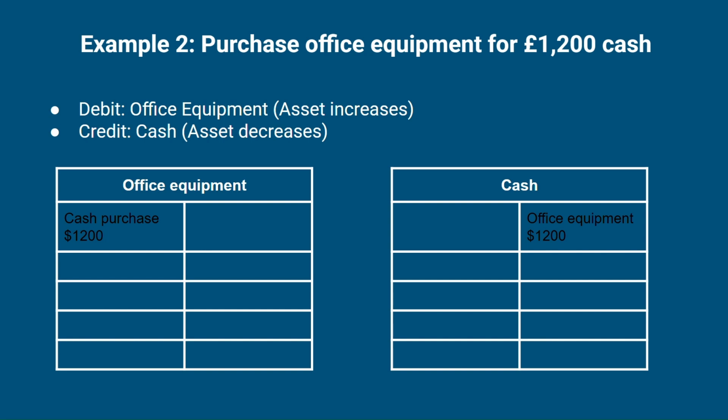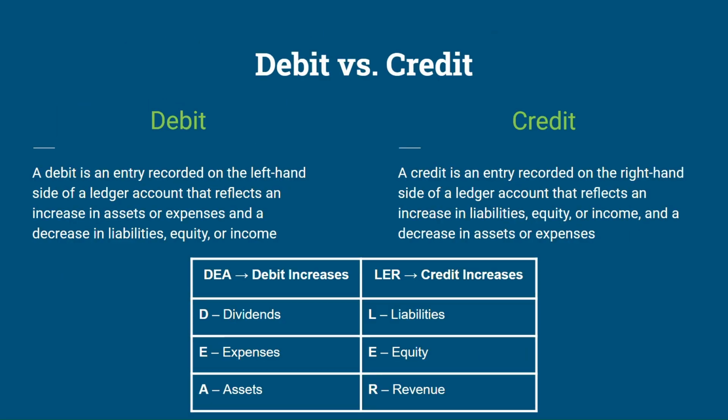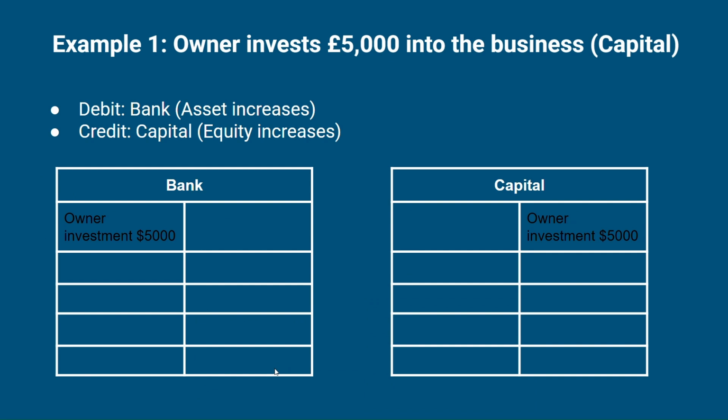I know it kind of sounds weird, but this is how it is. It's more of an expense, office equipment, and that's the reason we have it here on the side of the debit. So any expenses will be debited when increased.